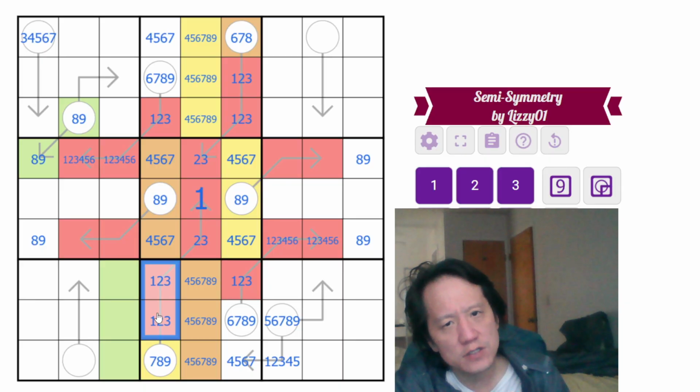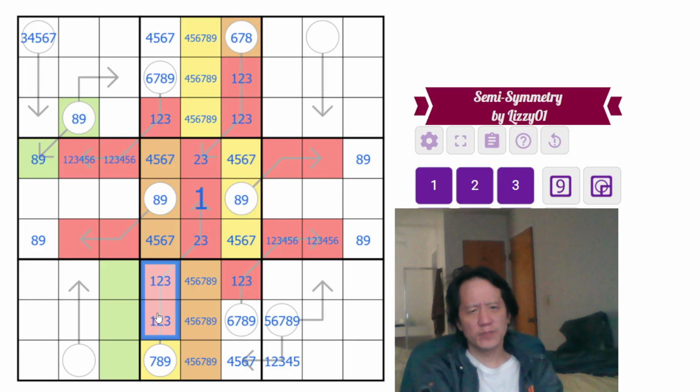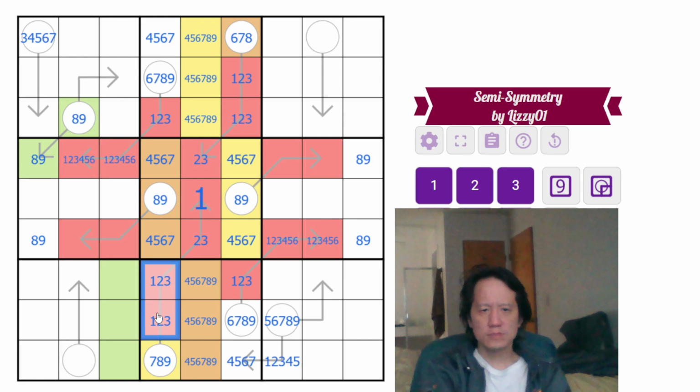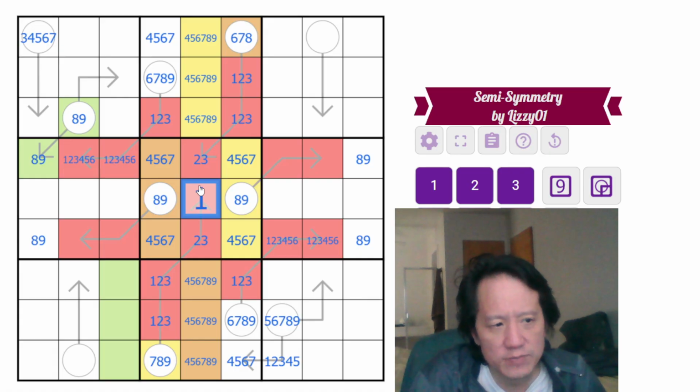So it's 6 and 9. Does that work? 6 and 9 is 7 and 8, but that's 30. Oh, we forgot to add the 1. So we also have the 1. Right, so that's 30. Yeah, okay, that works.